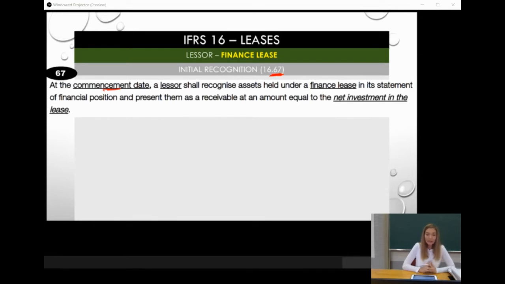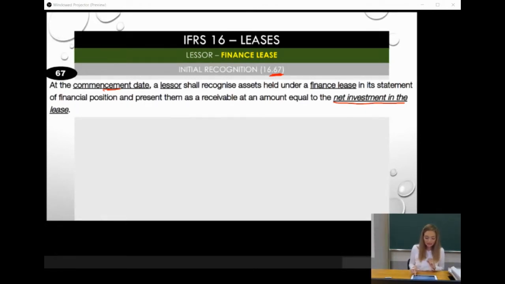So at commencement, the lessor recognizes a net investment in the lease. Basically, the lessor is exchanging one asset for another: a PPE asset that was lying in the storeroom, not being used. The lessor says, I'm exchanging that, lessee, you go and use it, and in exchange I'm recognizing a net investment in the lease.